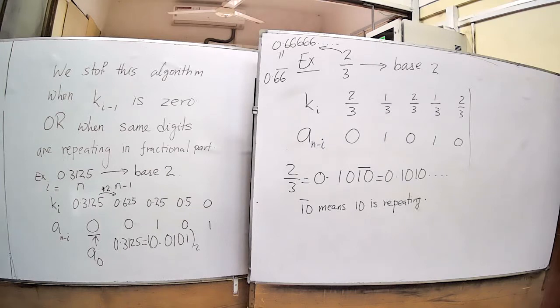So this is the last kind of transformation we need to study here on base transformation. We have studied Horner's algorithm first, and then we use Horner's algorithm to transform numbers from one base to another base.